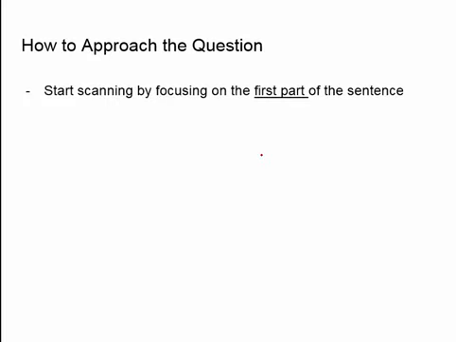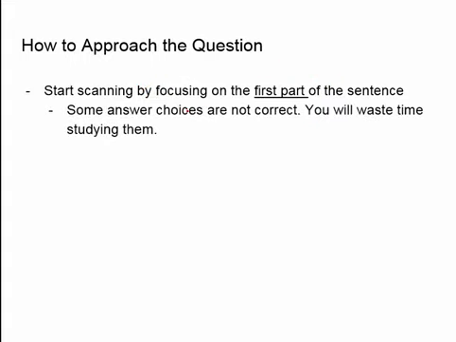The most important thing to do in order to answer these questions well is to go back to your passage and scan, looking for what's there in the first part of the sentence. In other words, the words that are next to the question number. You don't want to scan for the answer choices, the things in the box, because some of them are wrong.